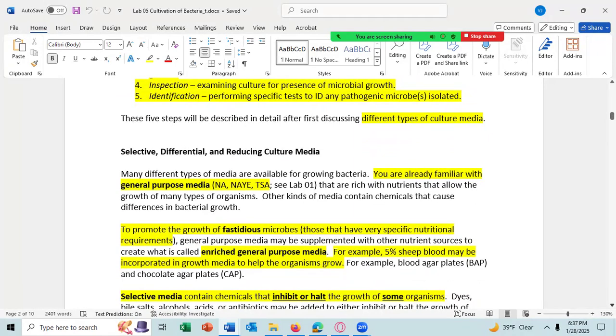However, fastidious organisms or fastidious microbes have very specific nutritional requirements that must be added to the media in order for them to grow. So a fastidious species will not grow on any general purpose media agar plate. Any question about any of that?